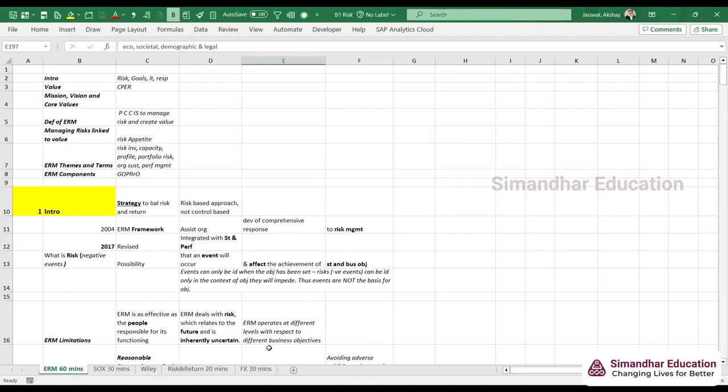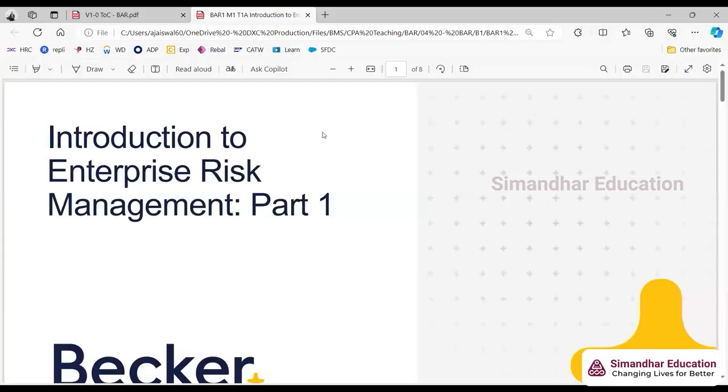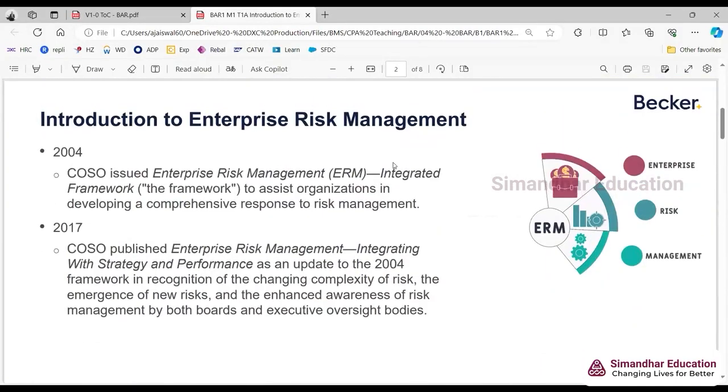So in BEC earlier it was the COSO IC framework also and ERM also, but in your syllabus it's only ERM. So that's what we are going to look at. First, a little bit of introduction. COSO initially issued an IC framework, the internal control framework, and then they issued ERM, enterprise risk management.